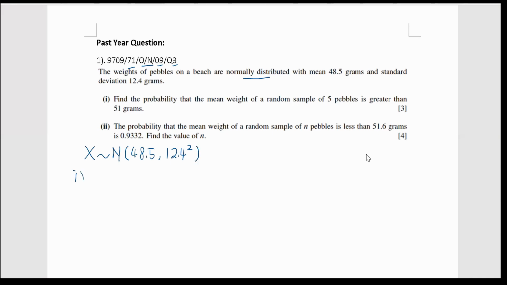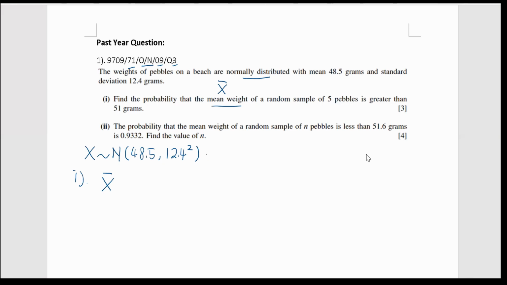Answering part 1: to find the probability that the mean weight... When the question emphasizes the mean weight, it means we are looking for the sample mean, right? The mean weight of a random sample of 5 pebbles is greater than 51 grams. So we are going to find the sample mean distribution.